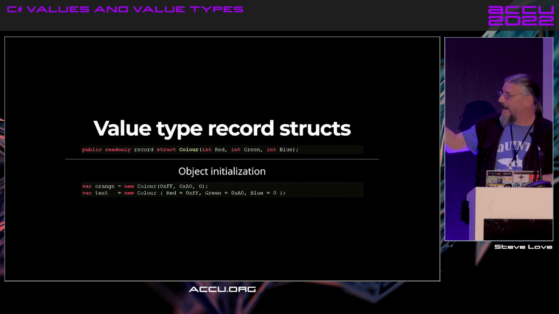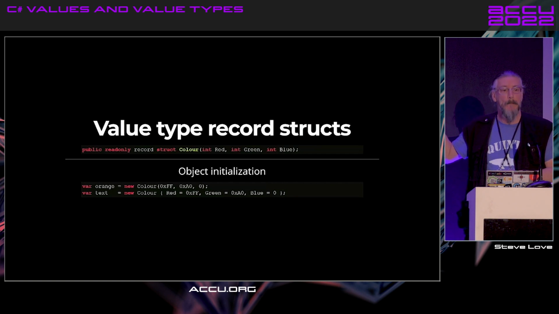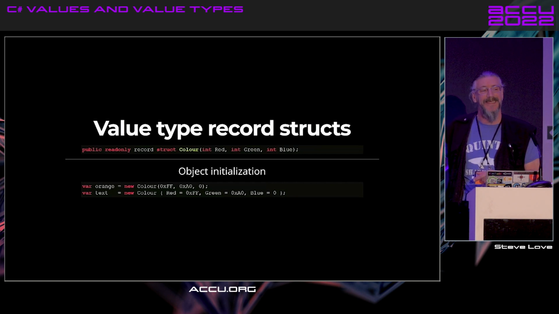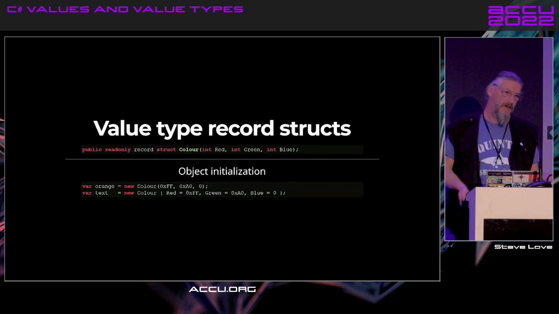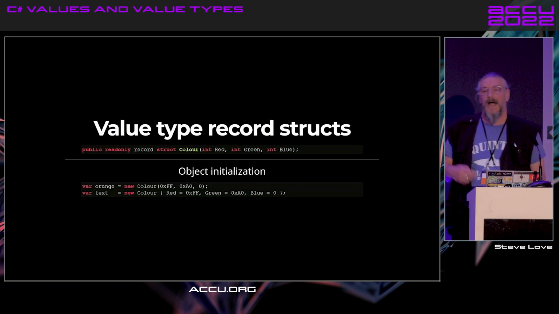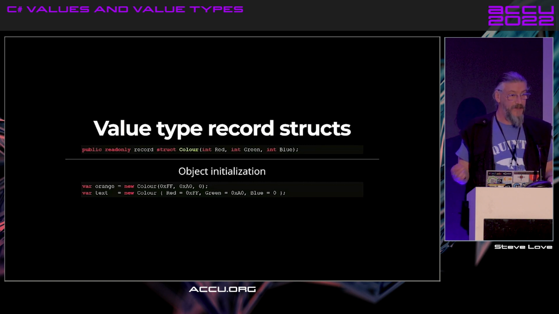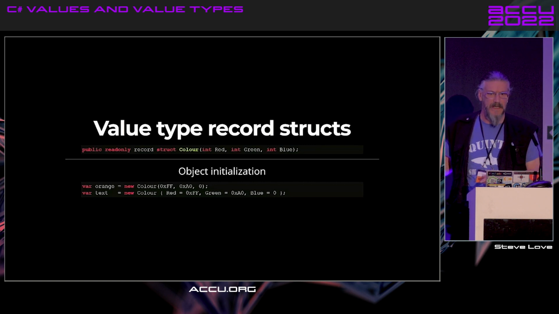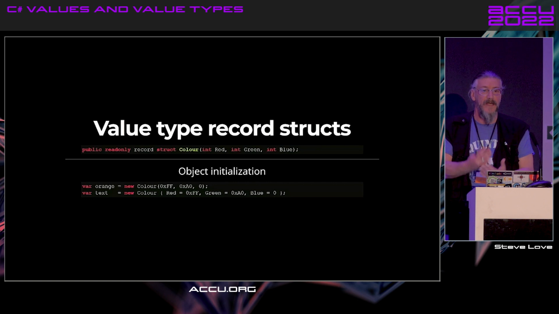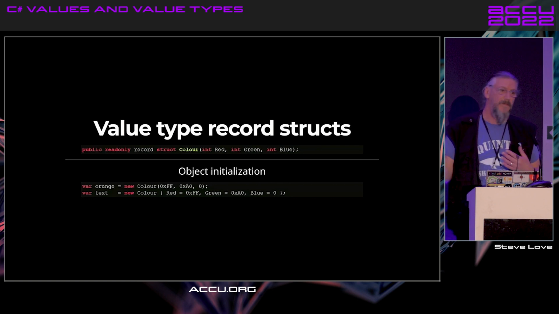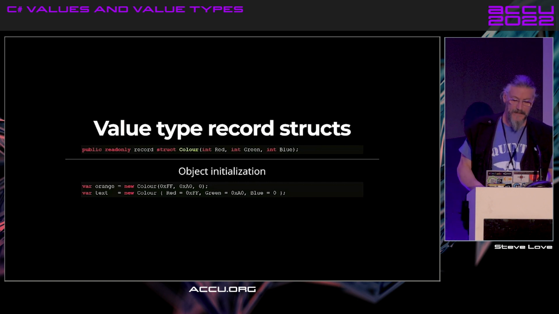So we still can use the constructor, but the object initialization syntax makes sense for record structs, but won't compile for records, unless you go on and define your own constructor, which we did on a previous slide. And you can create your own constructor, in which case the compiler won't try to generate one.